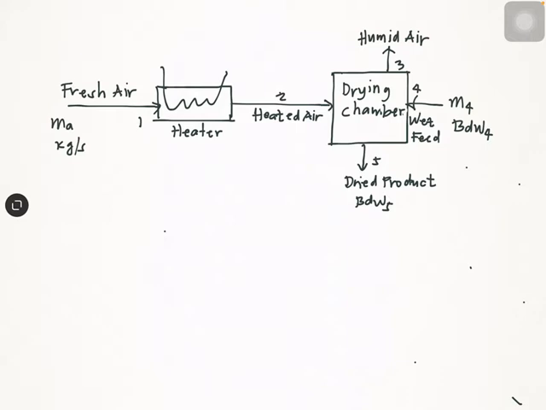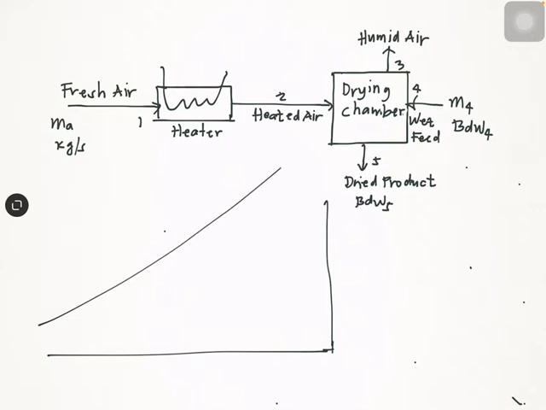Okay, so by looking at the psychrometric chart in here, we're able to illustrate the process of the dryer. We have point 1 to point 2, and that is equal humidity ratio, and point 2 to point 3.